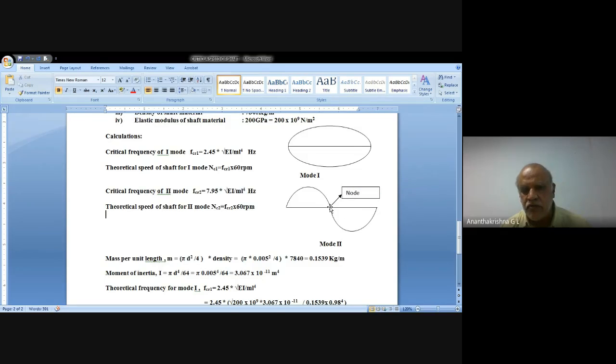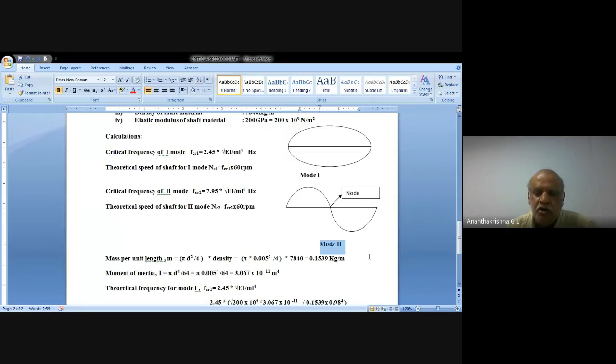So when you have one node, then we would say that the shaft is subjected to mode 2 type of vibration. Similarly, if you keep increasing the speed of the shaft, again the shaft will flex like this, and you will get one more node. Then we would say that the shaft is vibrating under mode 3 type of vibration.